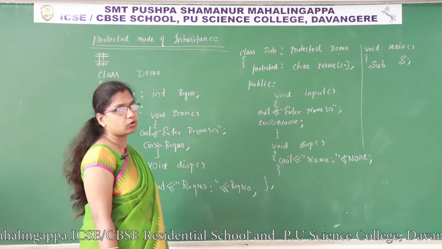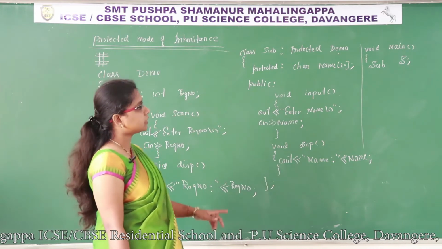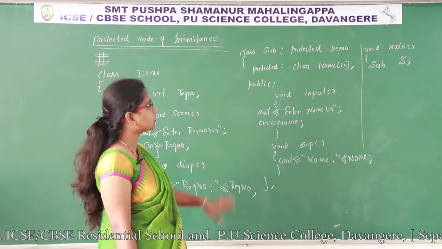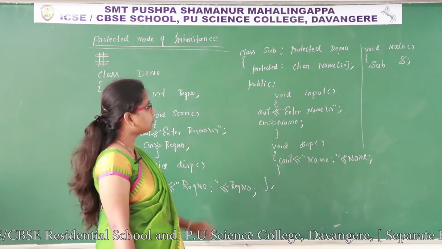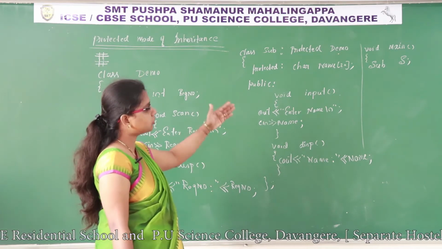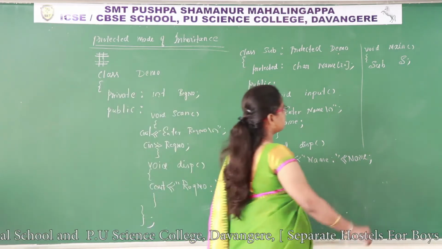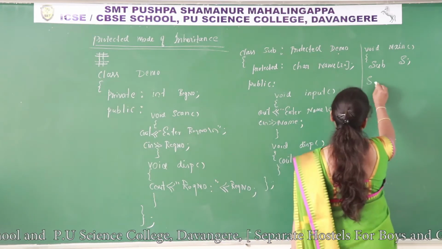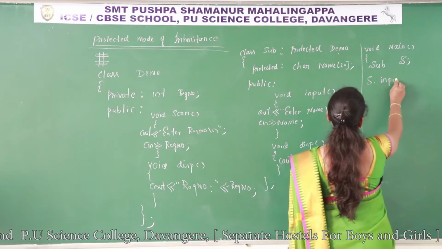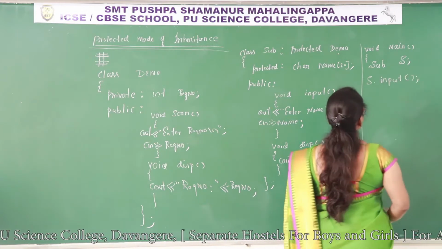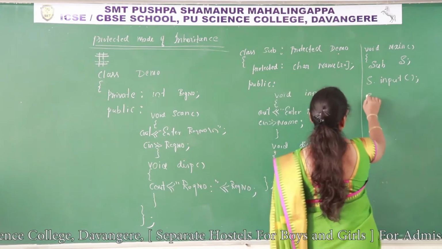S is an object of the subclass. So S can access public members of the subclass. What are the public members of the subclass? Input and disp. Okay, so S can access the input function. S dot input, and S dot disp.